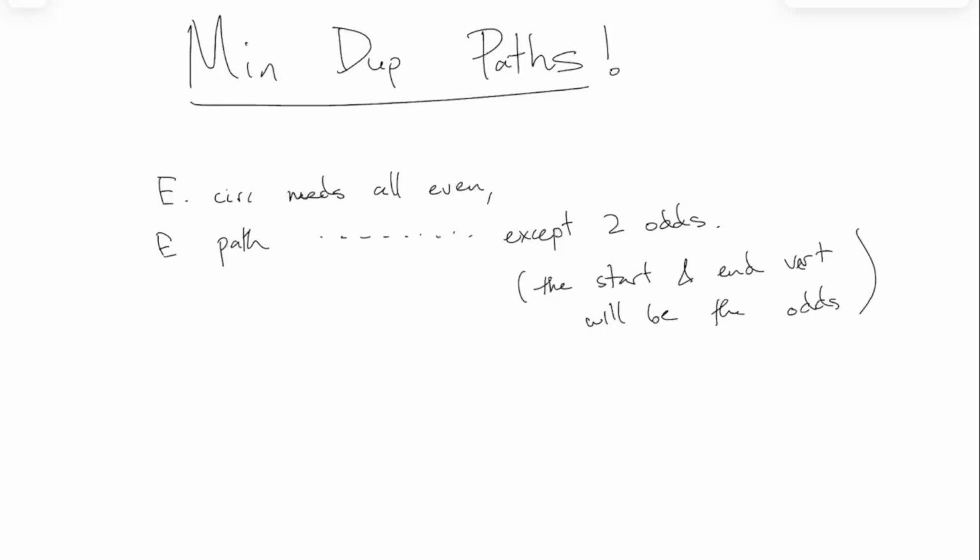So, how do we find a minimum duplication path? I'll call this MDP. Well, it's the same procedure, only instead of making all of the odds into evens, you're allowed to leave 2 as odd and make the rest even.